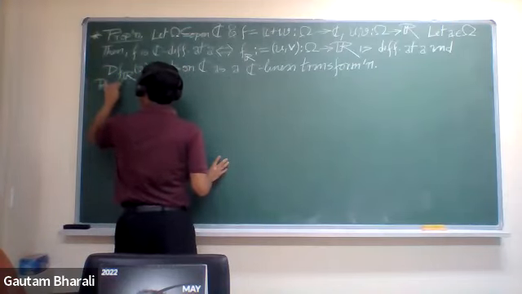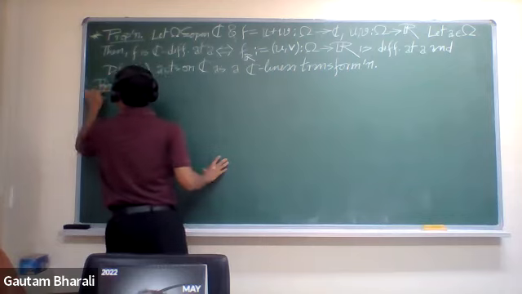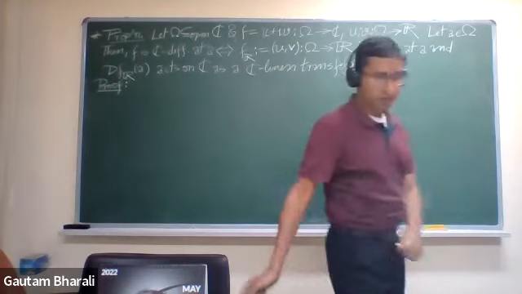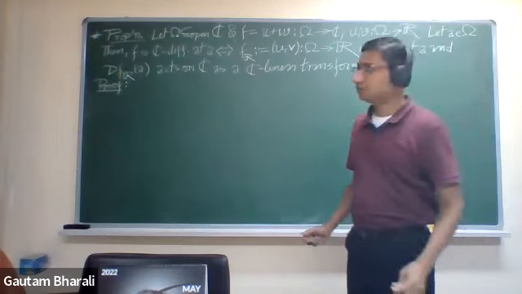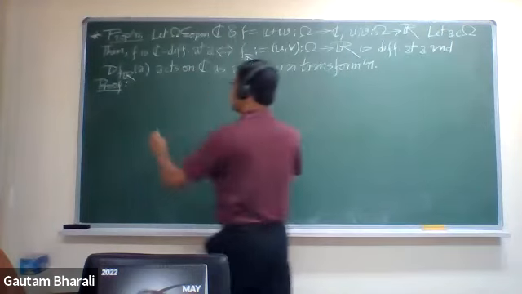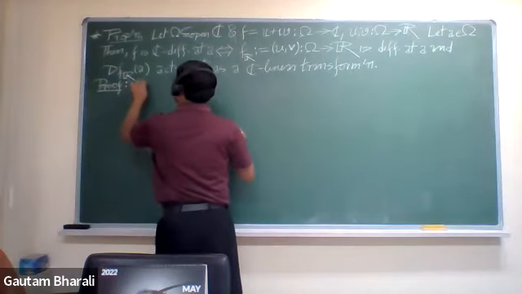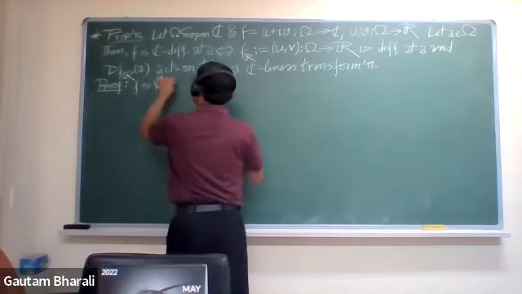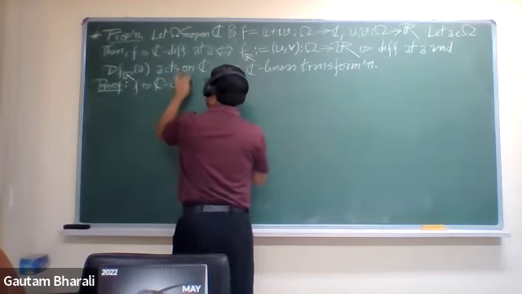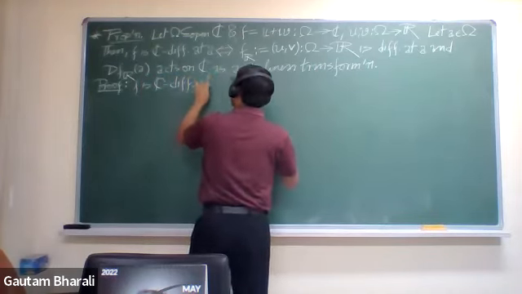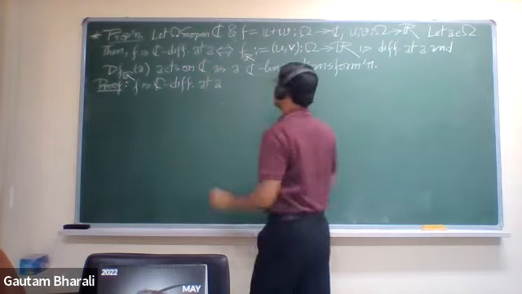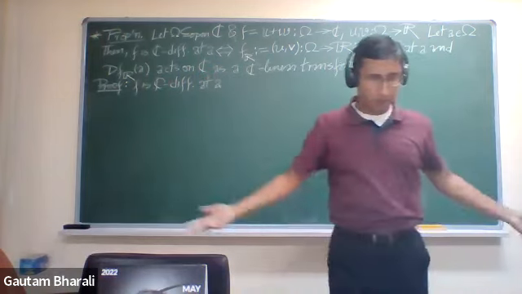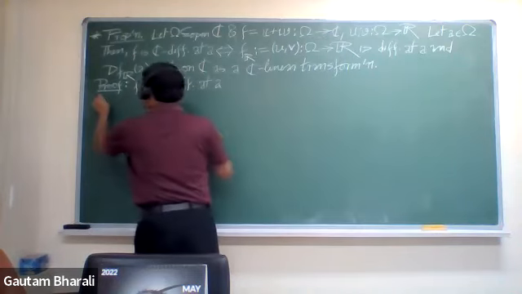If you would stare at what I'm writing, it is simply playing around with notations. F is C differentiable at A. Well, if and only if, we write down the definition.